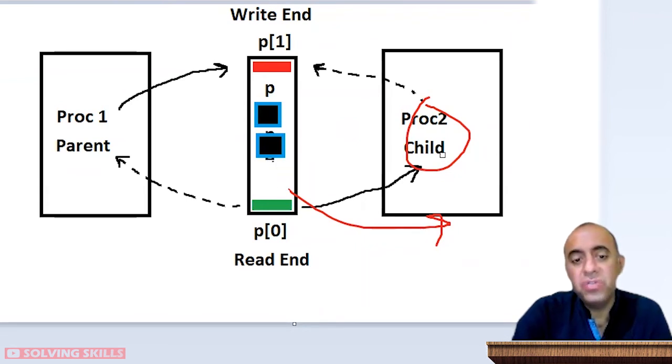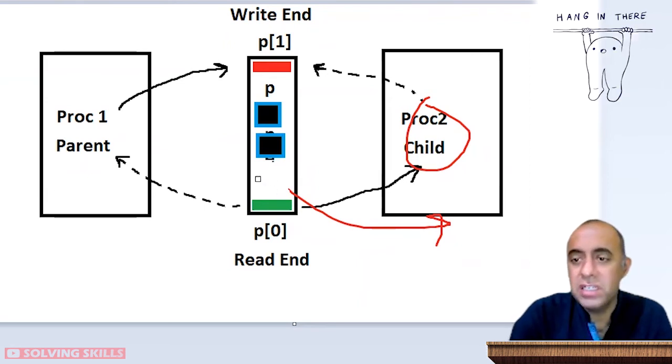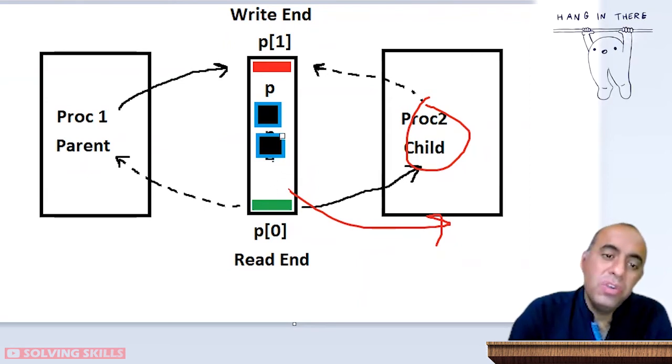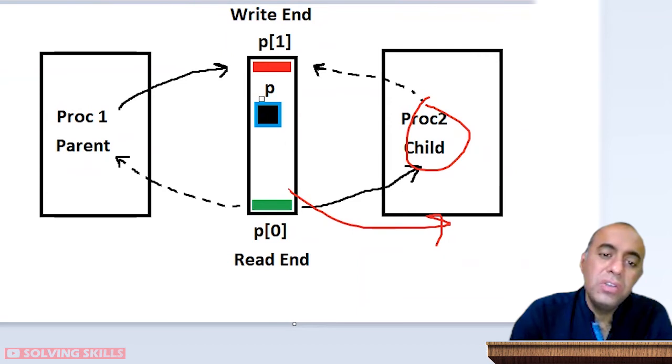And the return value you got was 16 because you have read 16 bytes. In the second iteration, you read this one, and the return value was again what? 16. In the third iteration, the child process read this thing, and the return value was again 16.